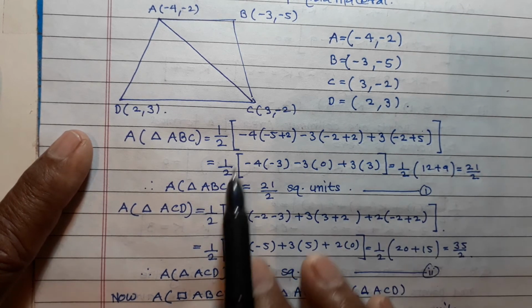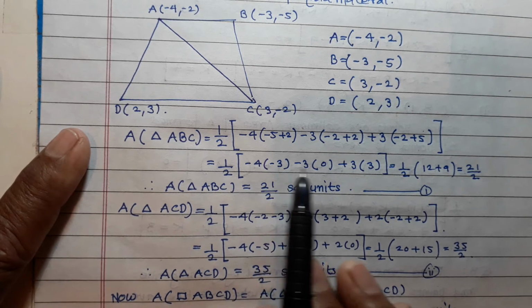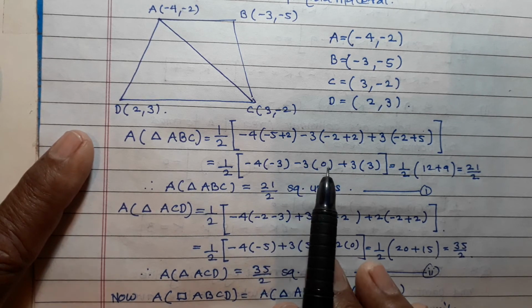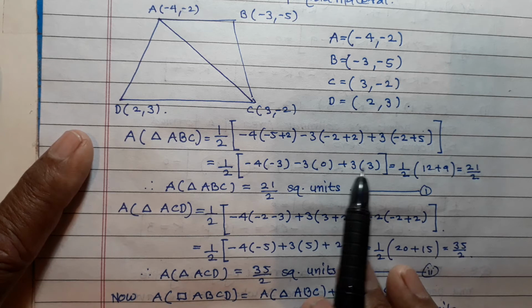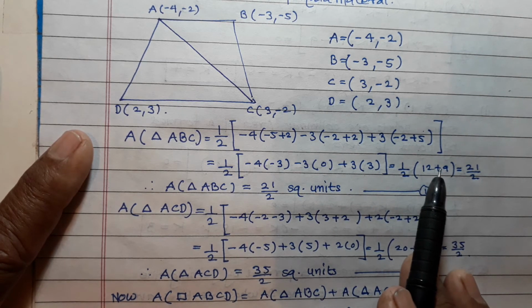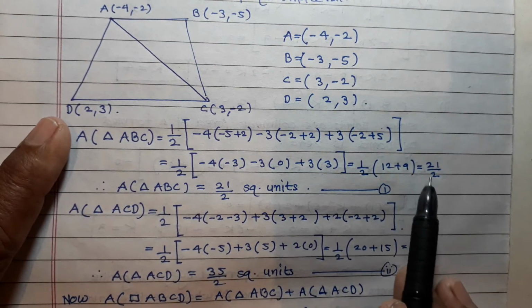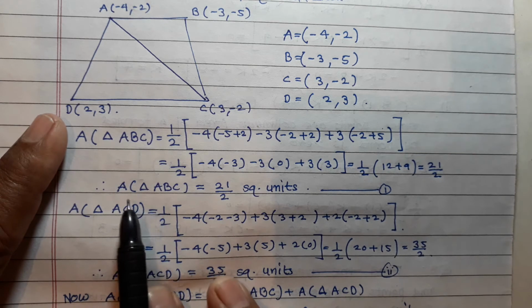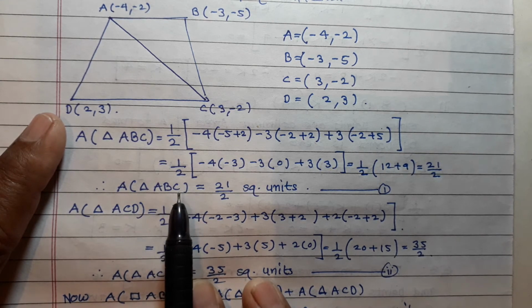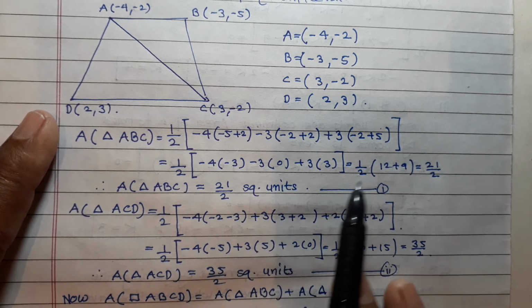If you simplify this, you will get 1 upon 2 [-4 into -3, -3 into 0, plus 3 into 3], so is equal to 12 plus 9 upon 2, which is 21 upon 2, and therefore area of triangle ABC is equal to 21 upon 2 square units.